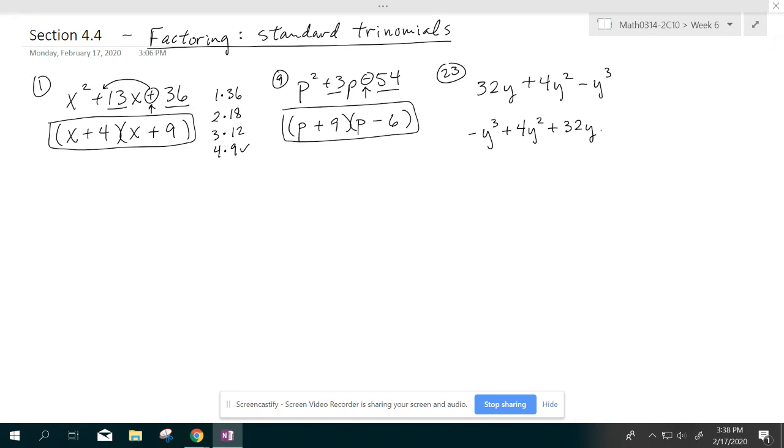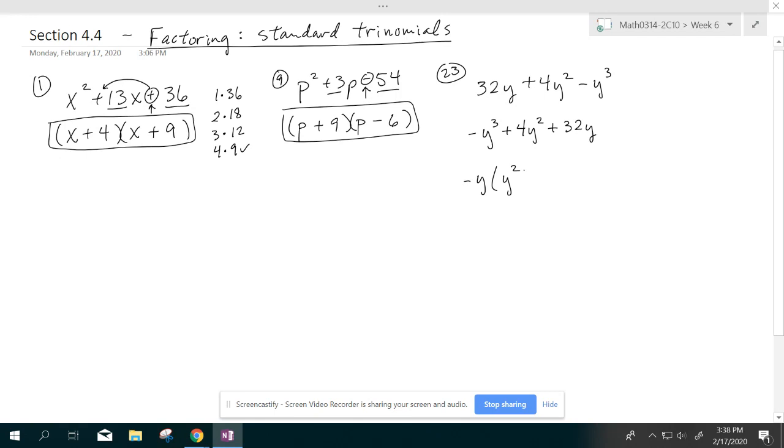And now did you notice that the lead term is negative? That's a problem. That means I'm going to have to factor out a negative for sure. Do all three of those terms have anything else in common? Let's take out negative y. Let's see what happens if we factor out negative y. So negative divided by a negative leaves a positive.